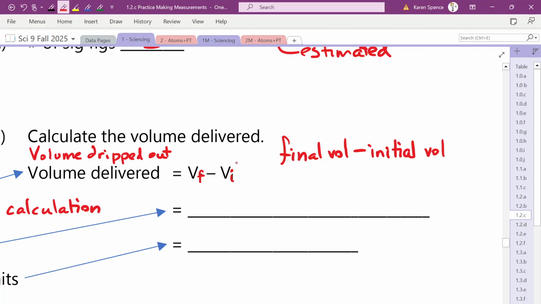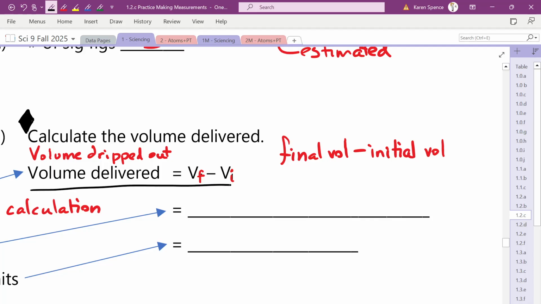And this part here, this calculation bit, is enriched. So if you're like, oh, this is too hard, I don't want to do it, that's okay. You don't have to. If you do want to do it, this is for extra credit.